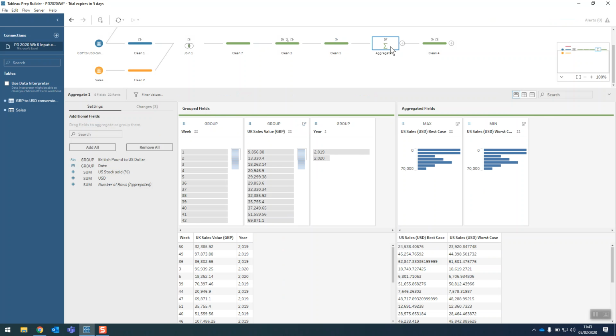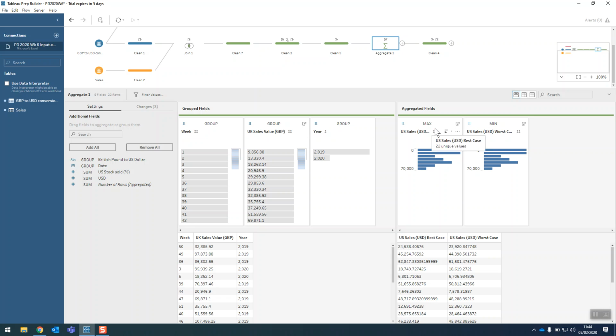So now comes the kind of reason that we've done all the cleaning. We're saying for each week, we want to know what's the best case scenario and what's the worst case scenario for our currency conversion.